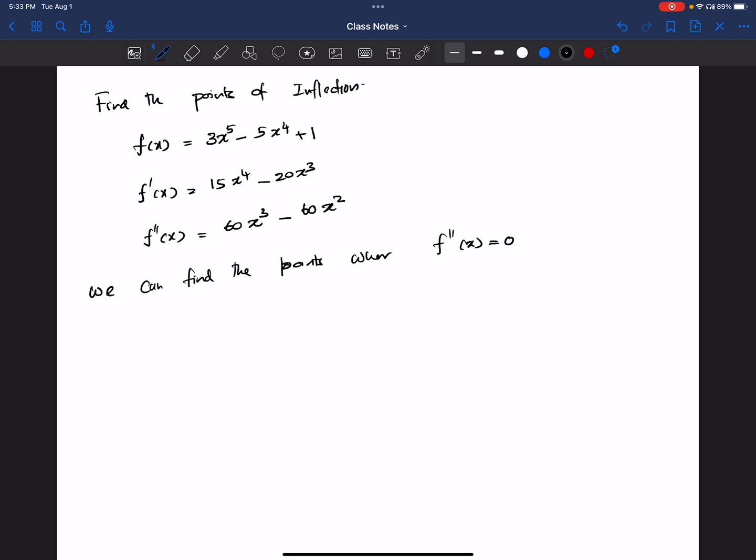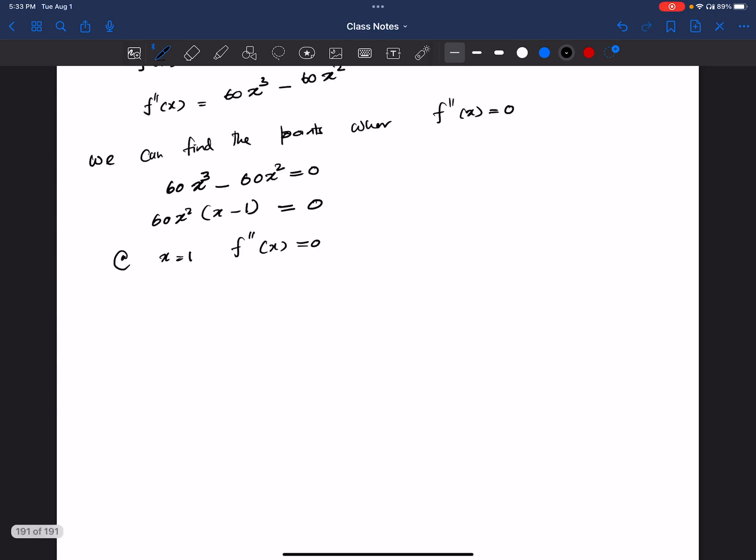So we'll find where f double prime of x is 0: 60x cubed minus 60x squared equals 0. You can factor out 60x squared, so x minus 1 equals 0. So at x equals 1, f double prime of x equals 0. So this could be an inflection point.